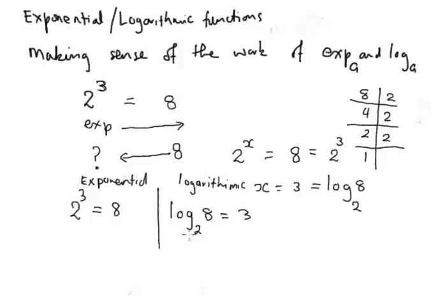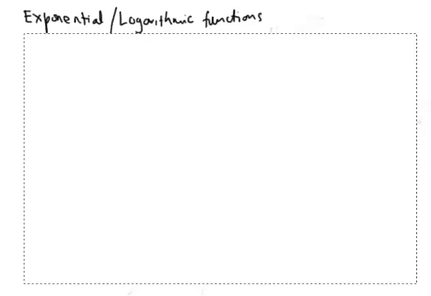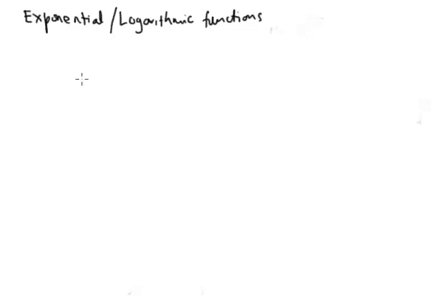So now, let's move away from 8, 2, and 3 and go to any number and any base A, just a general context. But we can't lose our example, so let's keep our example close.